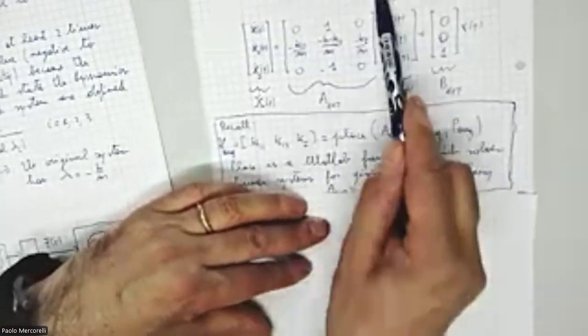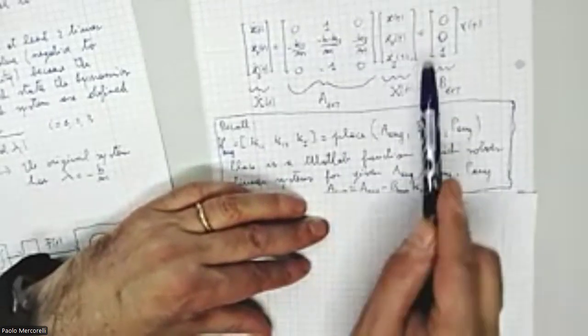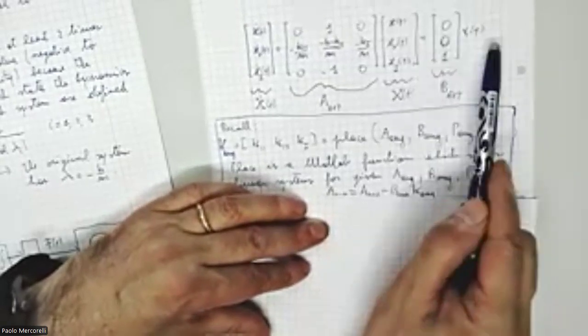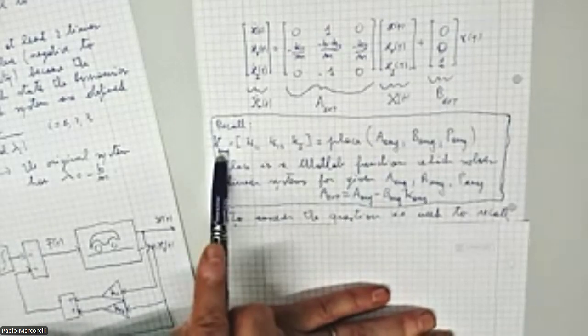This we will call, in some books, extended. Multiply x plus a vector b multiplied by the input. It's exactly what I told you many times, and what we have also seen in MATLAB. We have this structure of the linear system. We are looking for a matrix K, which we will call K augmented in this sense.